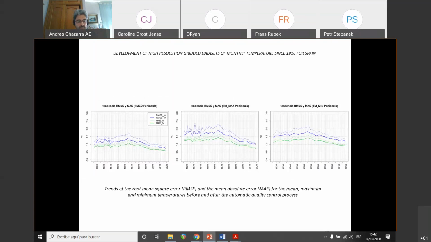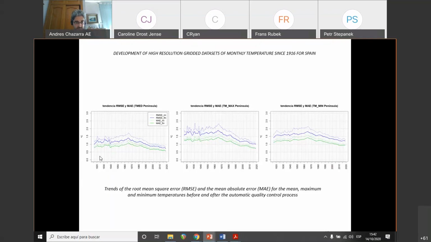So here we can see the trends of the errors for the 3 variables. On the left, mean temperature, then the maximum temperature, and the minimum temperature on the right. The dotted lines represent the errors before the automatic quality control process, and the solid lines represent the final error.